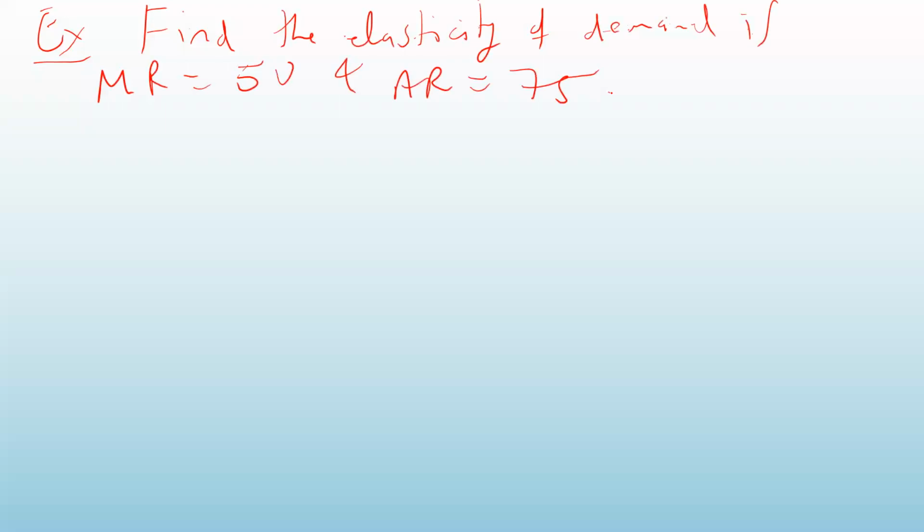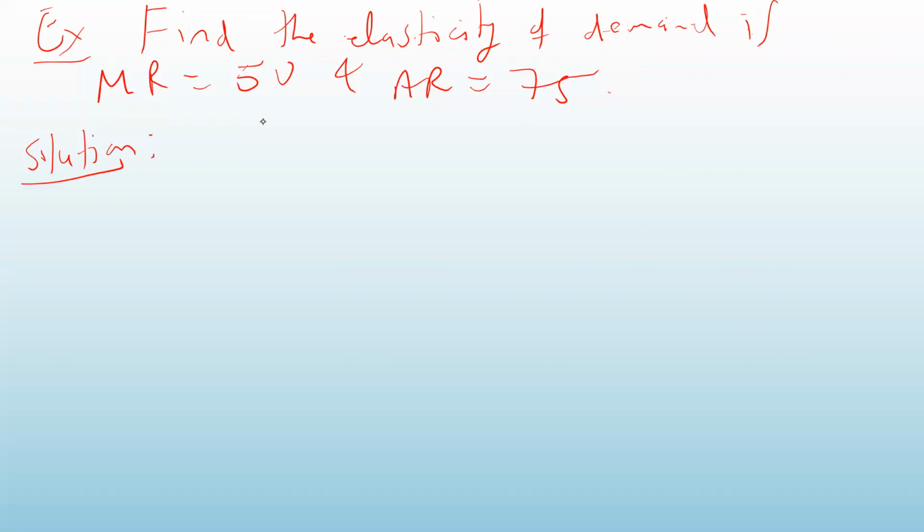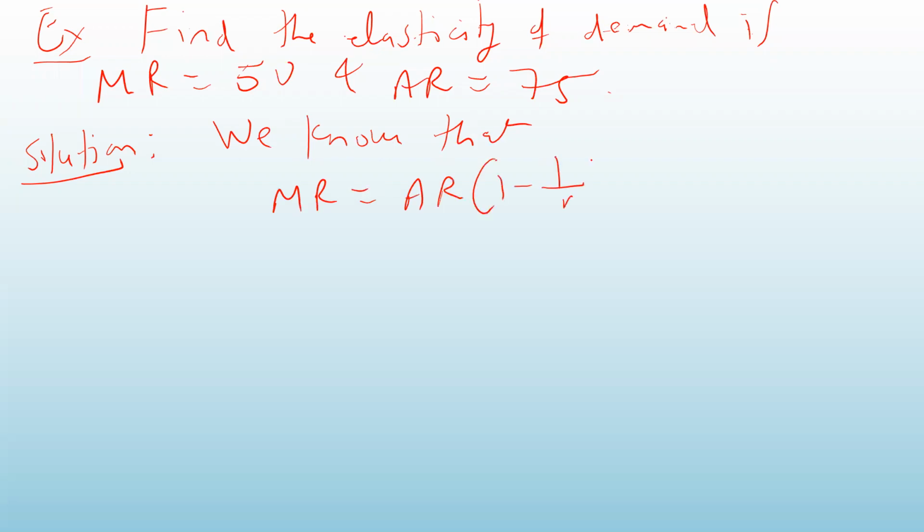As I just now gave you the relation between marginal revenue, average revenue, and elasticity of demand, we know that marginal revenue is equal to average revenue into 1 minus 1 upon eta.